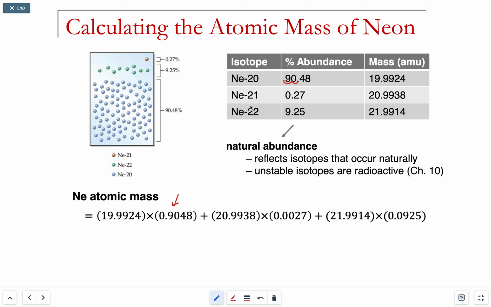We now add that to the contribution from the next isotope, neon 21. This is that mass multiplied by its fractional abundance. So this is again percent, so we remove the percent by moving the decimal point over to the left, 2 spaces. And then we just do the same thing for the third one, right? There's the mass. Convert this to 0.0925. So you get out your calculator, you multiply these, you add it to the result of this, and add it to the result of that.